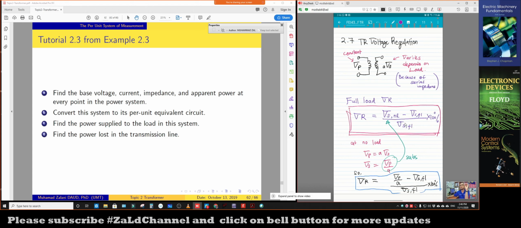Maknanya kalau kita istilahkan menggunakan max tadi, value tadi, contohnya 240 tolak dengan 200 bagi dengan 200 lah, darab dengan 100%. So we will get lah how much in percent the voltage that we need to add. Maknanya kita kena supply lagi lah voltage supaya kita boleh make sure that at the output VS itu stable. Okay, VS itu still maintain at that 240 for example.